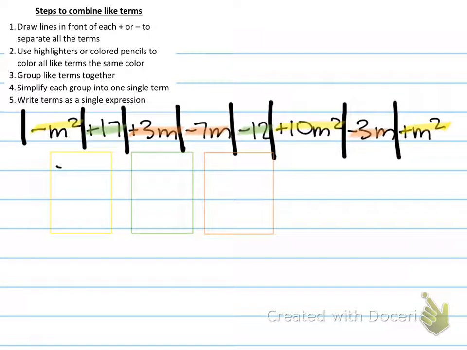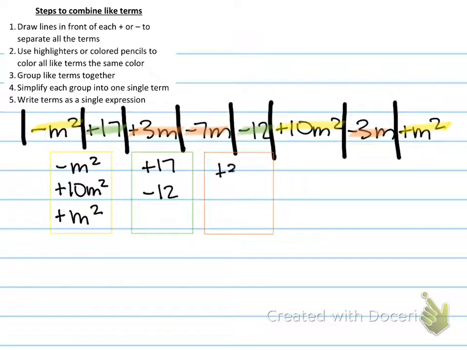So I have negative m squared, positive 10m squared, and positive m squared. And then my green box, I have positive 17, negative 12. And then my final orange box, plus 3m, negative 7m, negative 3m.